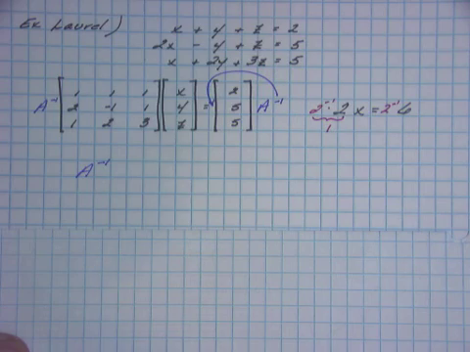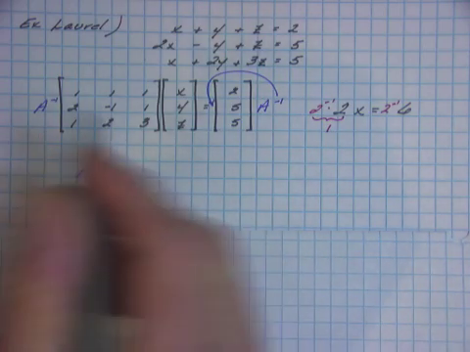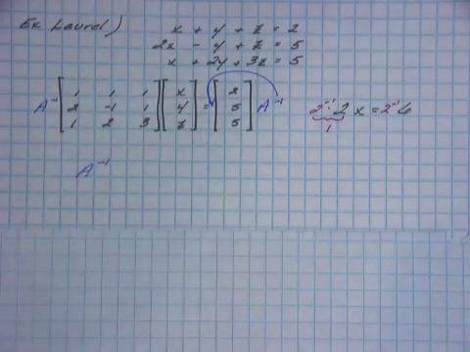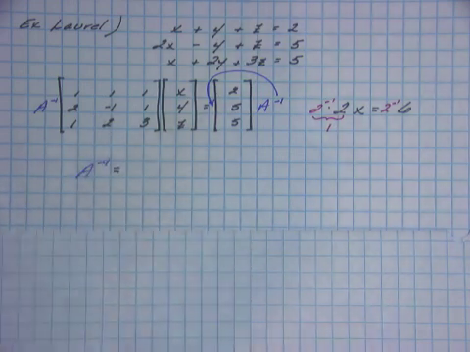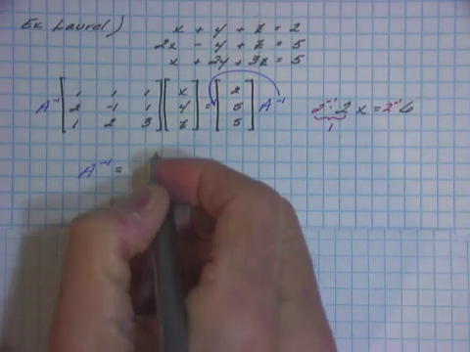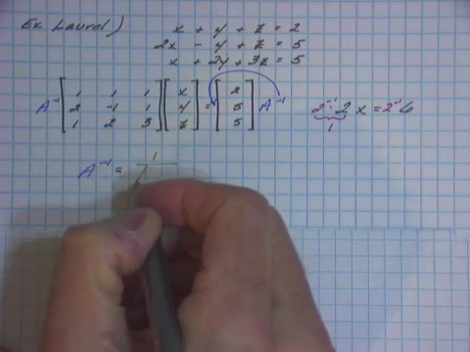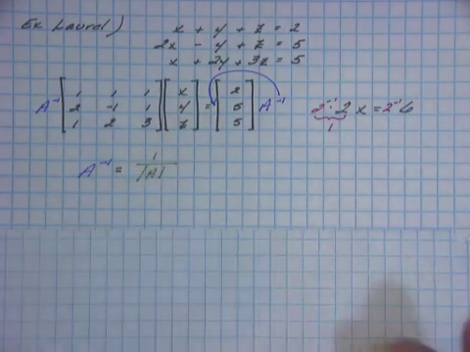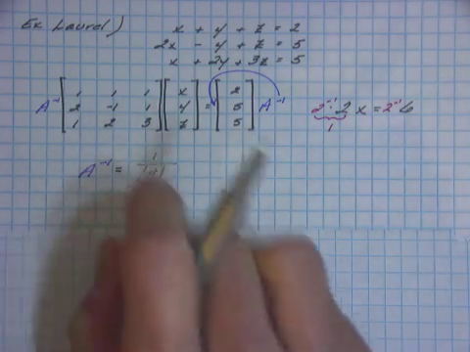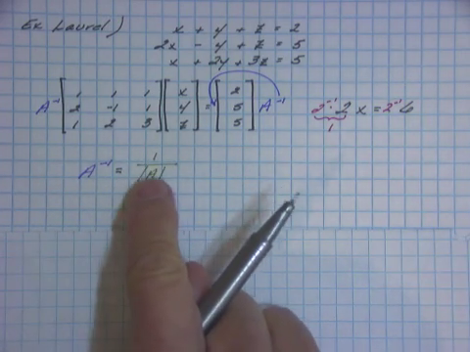So anyway, what we want to do is figure out what the inverse matrix is. It's equal to 1 over the determinant of A. This goes back to when we were doing 2x2s.